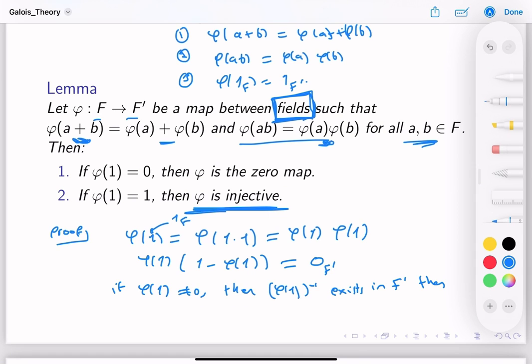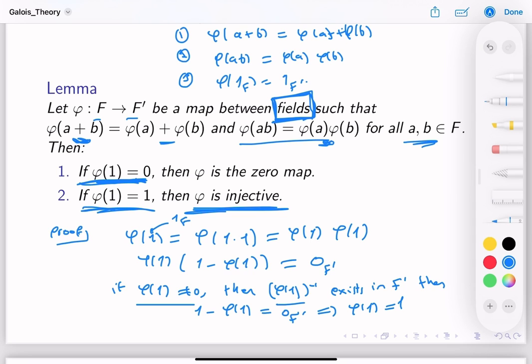Then if we multiply both sides by this inverse, what we get is 1 minus phi of 1 is equal to 0_F prime. Maybe there's an extra step that is not needed, but this means that phi of 1 is 1. So if we assume that it's not the zero map, it must be that phi of 1 is 1.